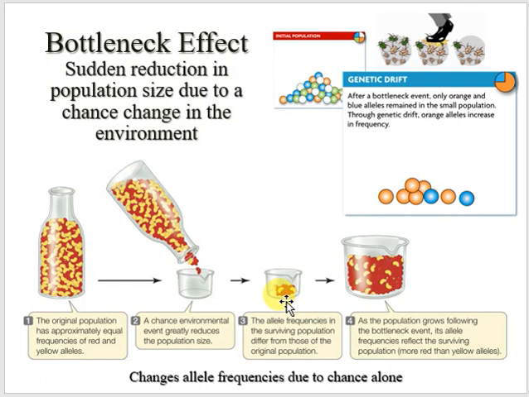But before we move into that, again, a bottleneck is a severe reduction in a population brought about by some sort of natural event or environmental change that shifts selection pressure, and it causes a reduction in population, and a new population is regenerated by only a few individuals, the few individuals that go on to survive.